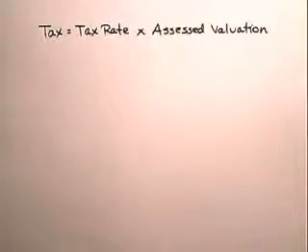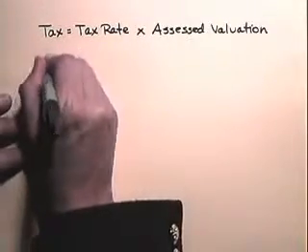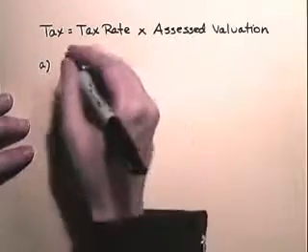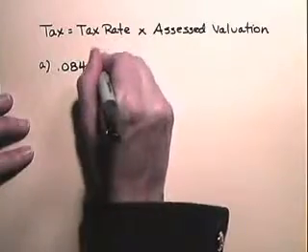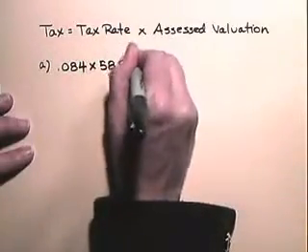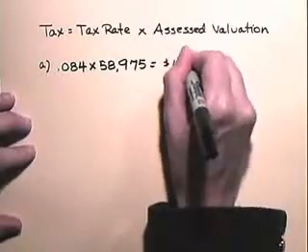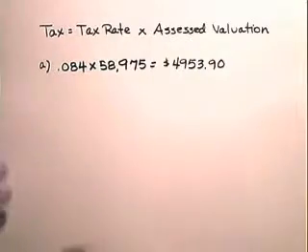The tax is equal to the tax rate times the assessed valuation. So we'll look at A. $58,975 at 8.4% will be a value of $4,953.90 will be the tax.